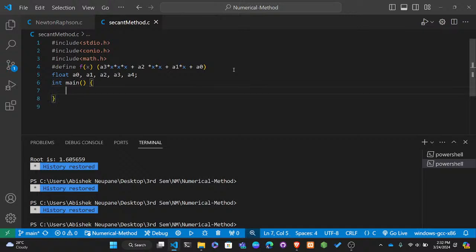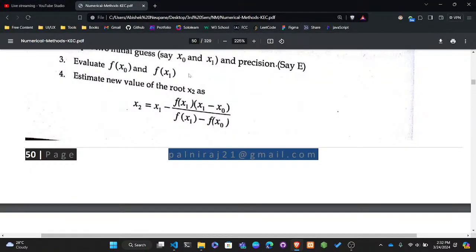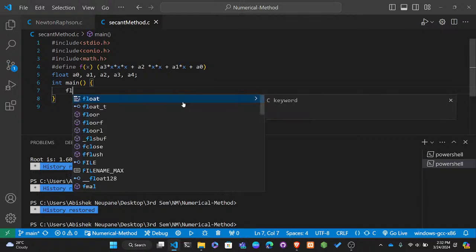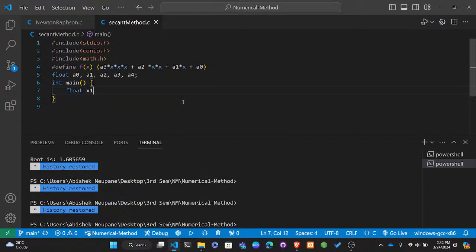Main file. Okay, int main. What are the variables we are going to use in this program? We need many variables like x0, x1, error, function of x1, and so many. So let's declare: we need float x1, x0, and function of x1.